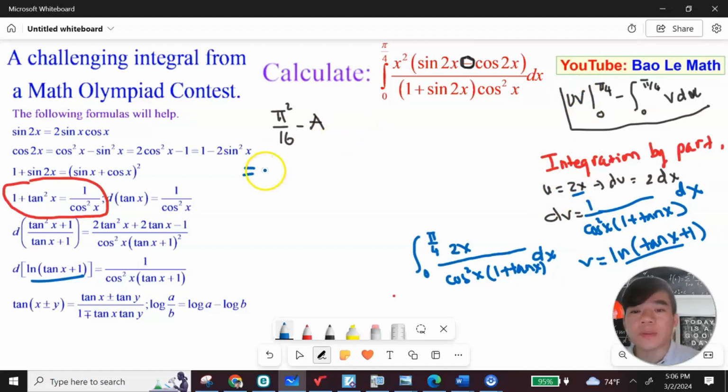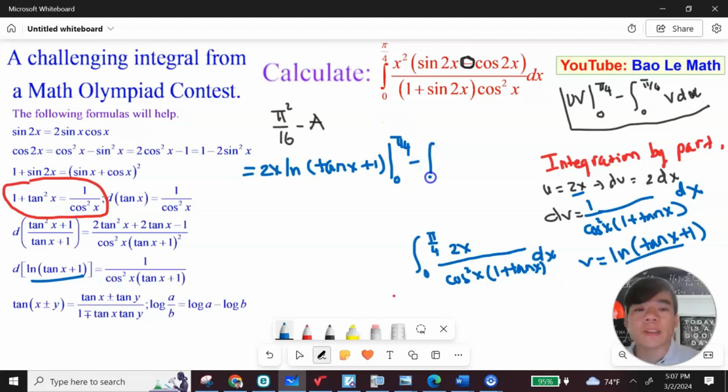So 2s times natural log of tangent s plus 1, okay, evaluated from 0 to pi over 4.